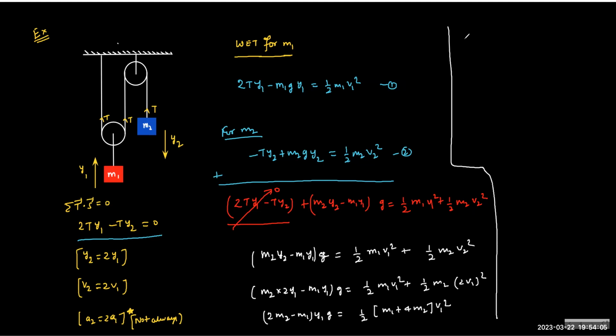So now we differentiate. 2M2 minus M1 into g, differentiation, dot dot dot, we know what we are trying to write. dy by dt is (M1 plus 4M2) upon 2, so this will become 2V1 dV1 by dt.